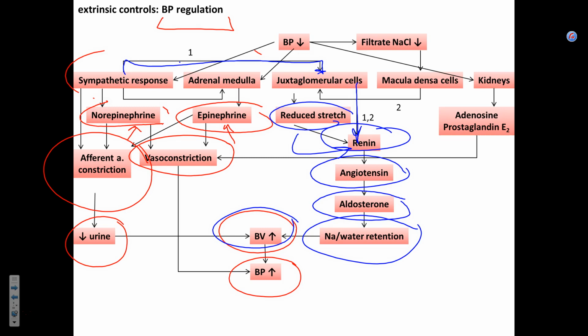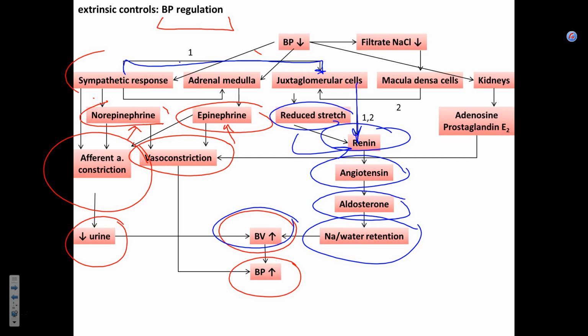Now, think about what happens with the rate of the filtrate flow in the kidneys when blood pressure decreases. When blood pressure goes down, say there is a loss of blood, what's going to happen to the amount of blood that goes to the kidneys overall? Less blood, meaning less flow to the kidneys. Does that make sense? Less flow to the kidneys, less filtrate is produced. Filtrate flows slower.